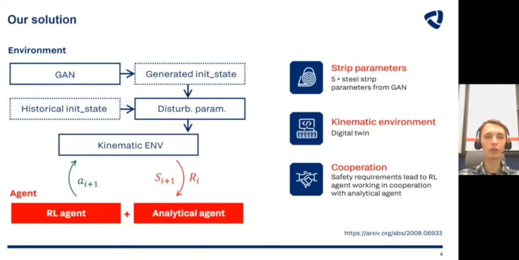And after they have learned it, we can use these agents and put them into real life, because the digital twin is very close to the real unit. You can read about this approach in the link below. We have an article about it.